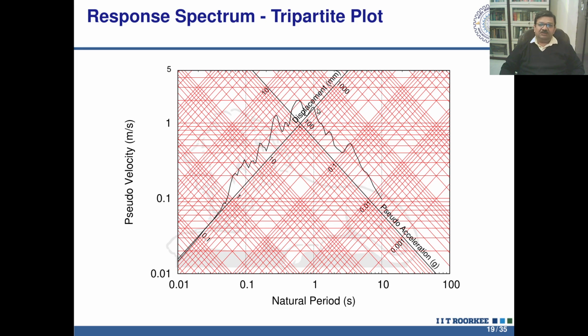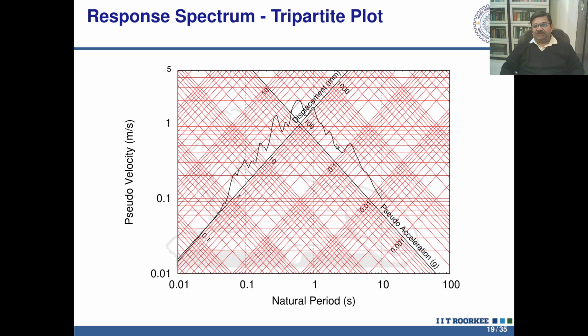If we take the average of similar spectra over this range, then these wiggles would be averaged out. We'll get something like a constant line parallel to the constant acceleration grid lines. Similarly, in the intermediate period range, the constant velocity line would be parallel to these constant velocity grid lines.